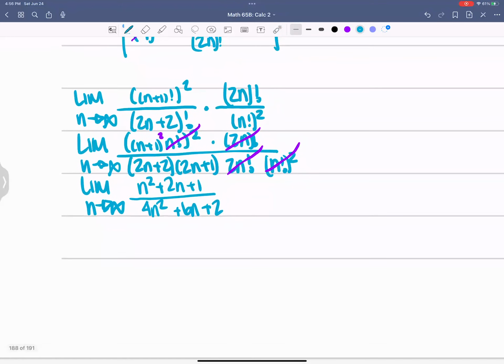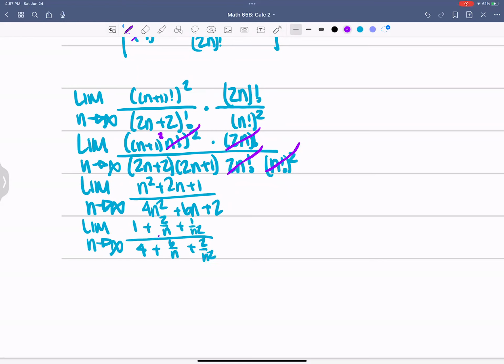And now we can multiply both top and bottom by 1 over n squared, leaving us with the limit as n approaches infinity of 1 plus 2 over n plus 1 over n squared over 4 plus 6 over n plus 2 over n squared.